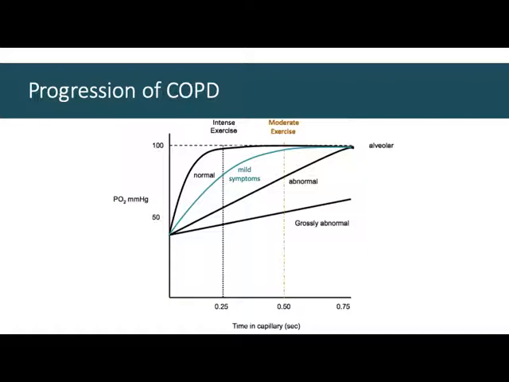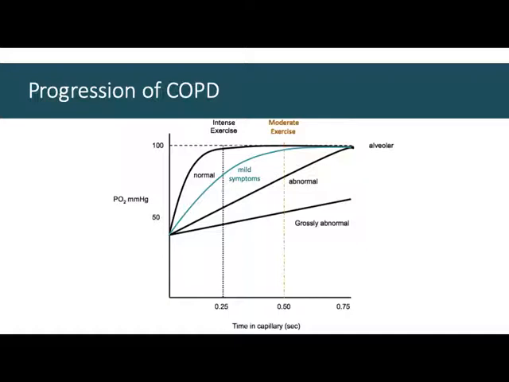Normally, both of those conditions are satisfied. With mild symptoms, you might even be able to get up and move around at rest, moderate exercise not impacted, but you'll start to see symptoms during intense exercise. Those symptoms will be borne out in the amount of oxygen that gets diffused. We can monitor O2 saturation. We can look at some other characteristics of breathing that we'll see later on in this week.